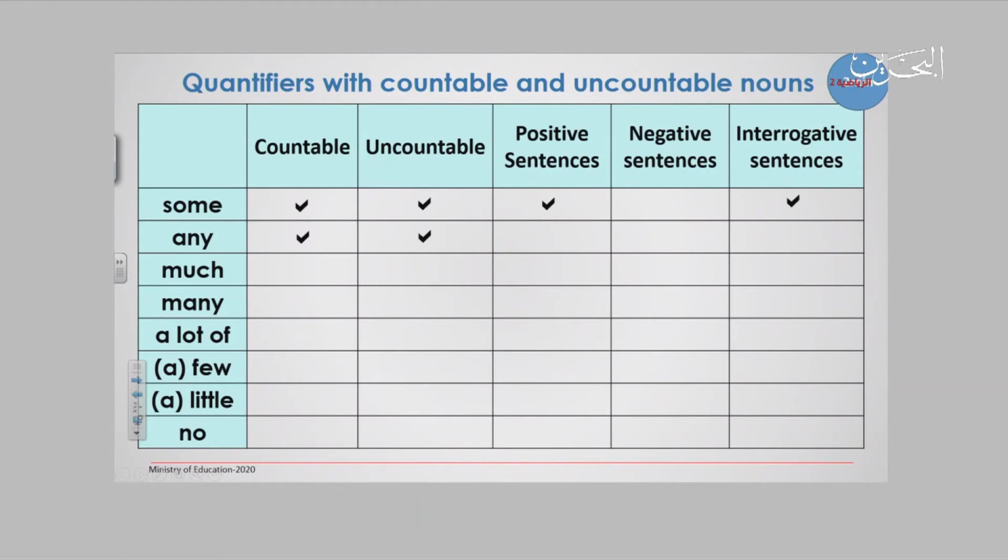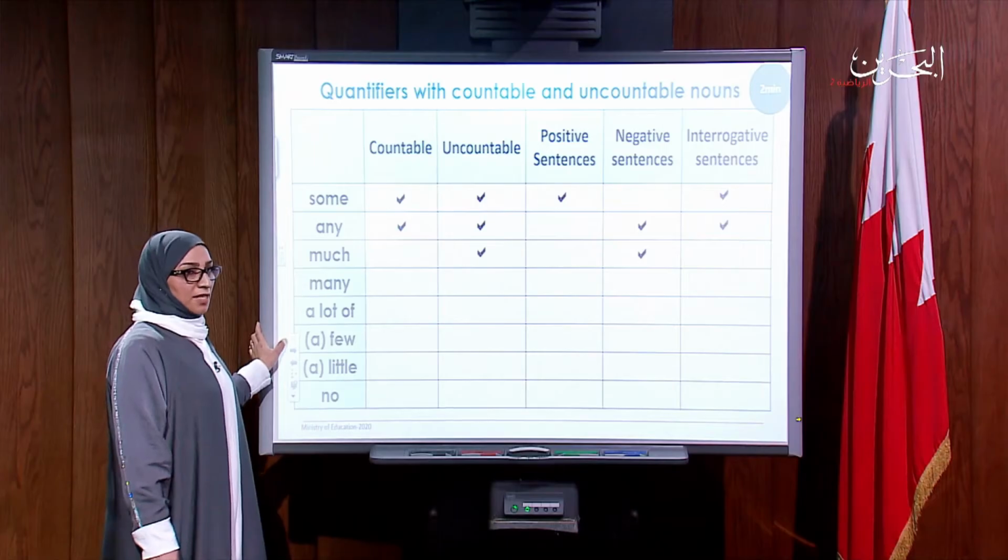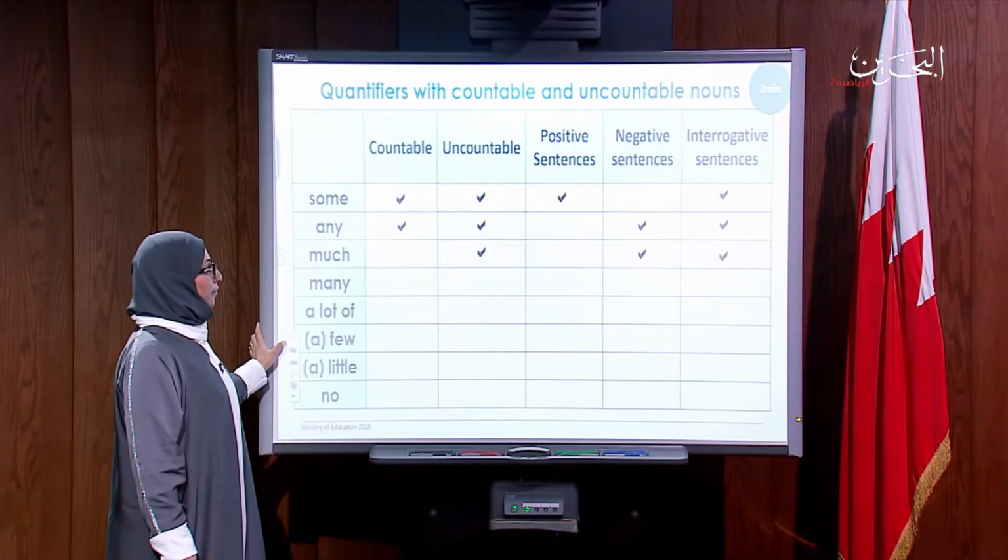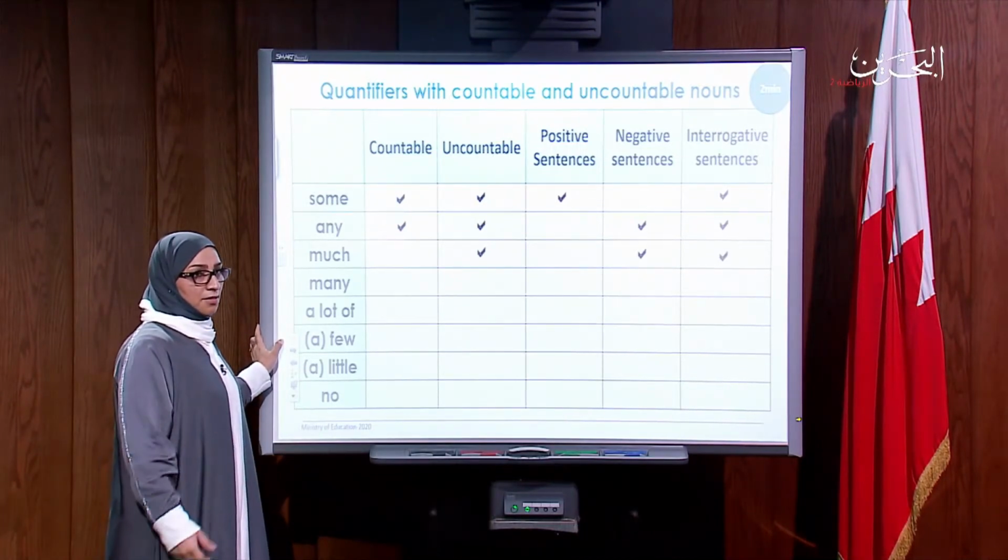Uncountable, also I can use it in a question. Negative sentence. And interrogative sentence, which is the question. Let's go to the third one, much. Uncountable. Negative sentence. And interrogative sentence, which is the question.